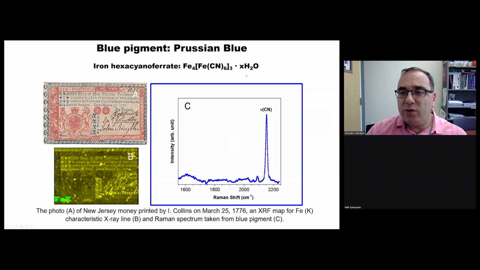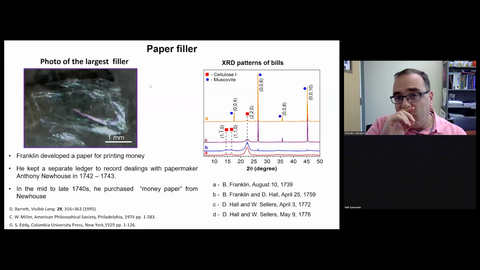So this pigment was invented in Europe in 1706, and pretty quickly it appeared also in the American colonies, and the printers started using this. But the most intriguing thing that I found is the existence of these crystals inside the paper.